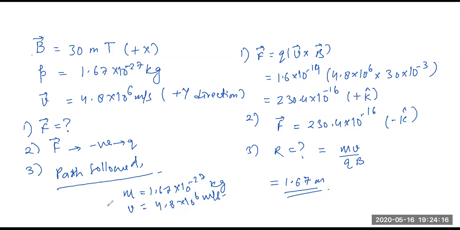Q will be 1.6 into 10 to the power minus 19 coulombs, SI unit. B is not in SI units, so you'll change it: 30 into 10 to the power minus 3 tesla. When you put the values, you'll get it. Any questions on this? It's a fairly simple one, you just have to put the values and solve it.